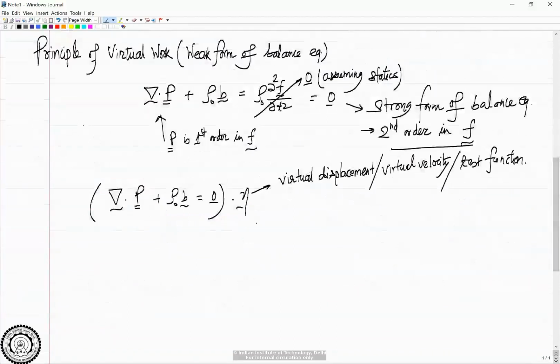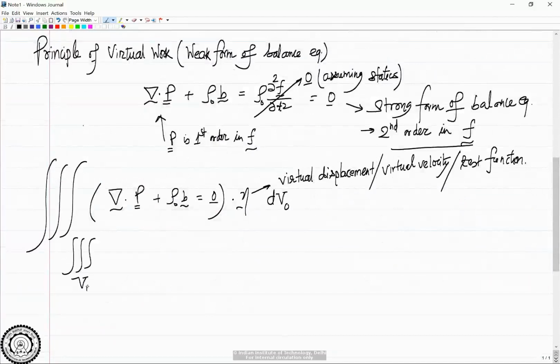So let us work it out. So you multiply with a test function and you further integrate this in the domain of the body, which is dV naught. Okay, so the first term which we have to work out is going to be divergence dot P dot with eta into dV naught, isn't it?